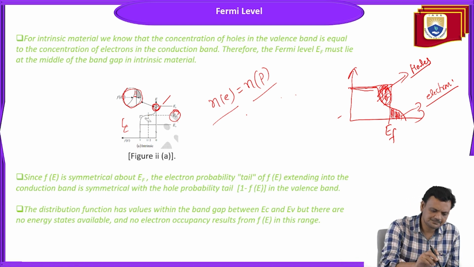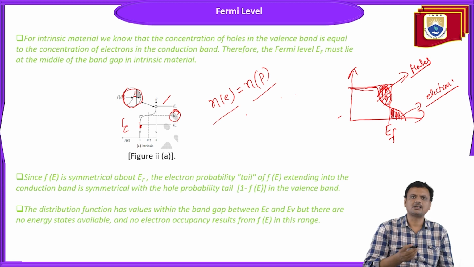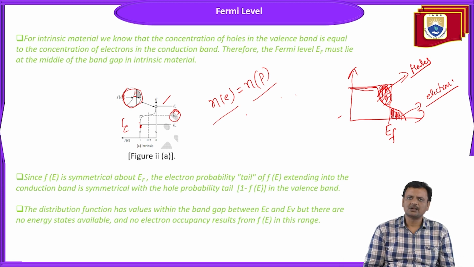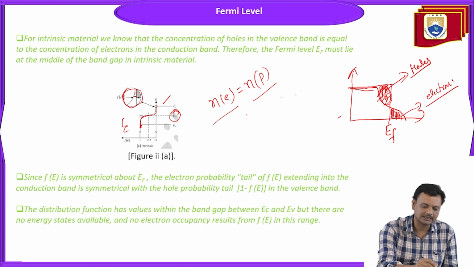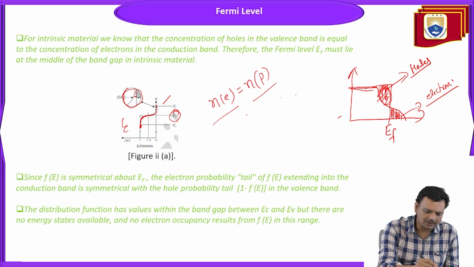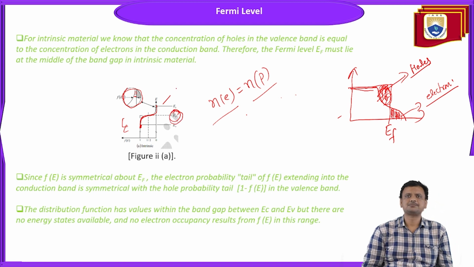Correspondingly, in the valence band region, there will definitely be some chance that some levels remain unoccupied. So overall, this f(E), the probability distribution function of electrons over the energy range E, makes a symmetrical curve about the EF energy level.